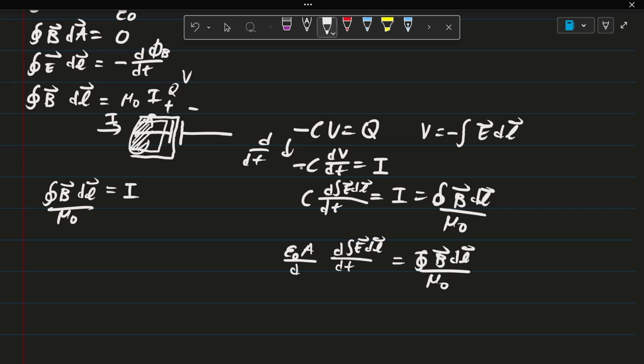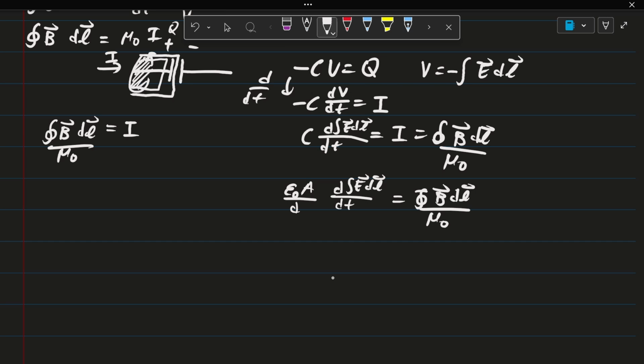Now, since the parallel plate would technically have a constant electric field, this integral is pretty much just the magnitude of E multiplied by the length L. So what we get here is epsilon 0 A over d, d over dt of E times the distance d, where d is in between these two plates. And this should equal the closed integral of B vector dot dl vector over mu 0.